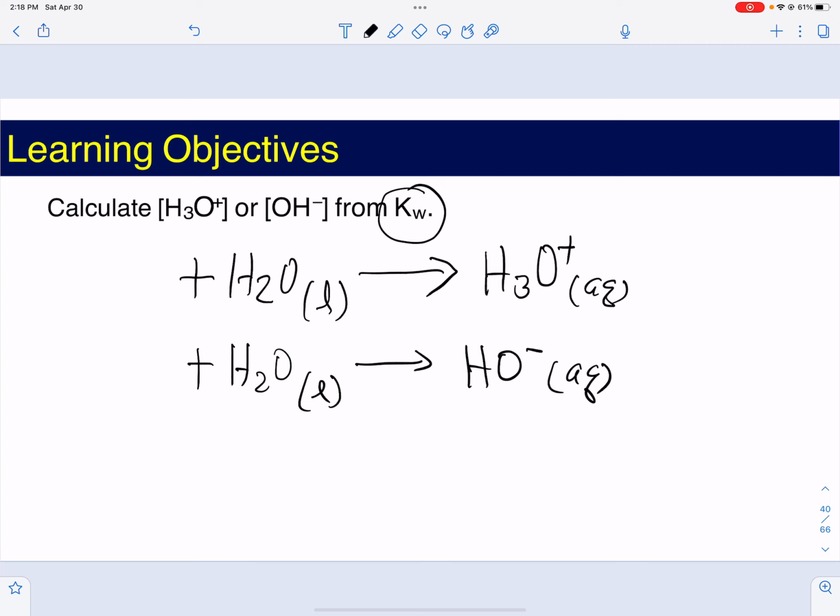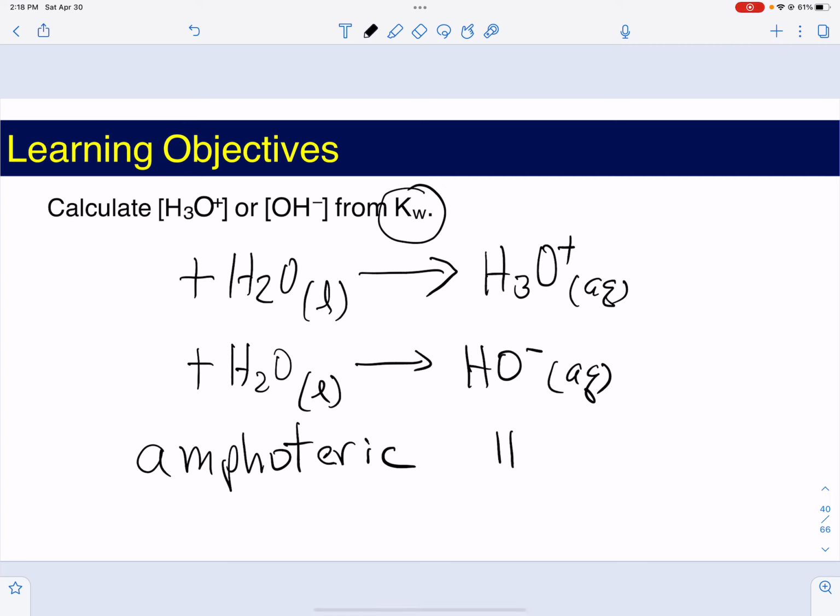So in other words, water was behaving like an acid in some instances, and it was also behaving like a base in other instances. That makes water amphoteric. So amphoteric is a substance that can behave like an acid or can behave like a base.